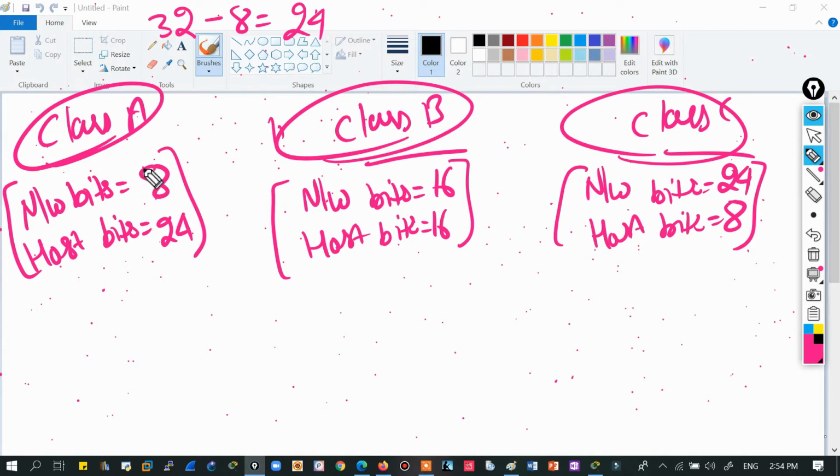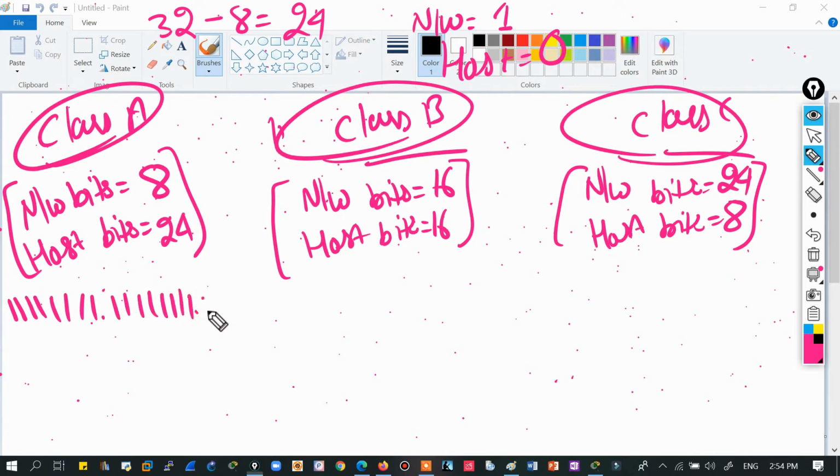On the basis of this, just remember that a network bit is represented by 1 and a host bit is represented by 0. So 1 2 3 4 5 6 7 8, this is the part of class A. Class A means 8 network bits and 24 host bits.